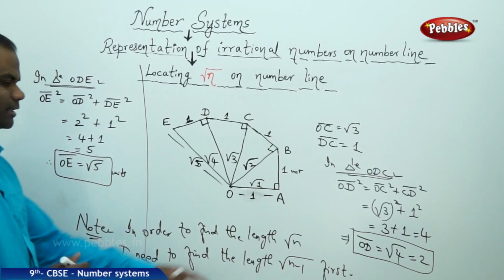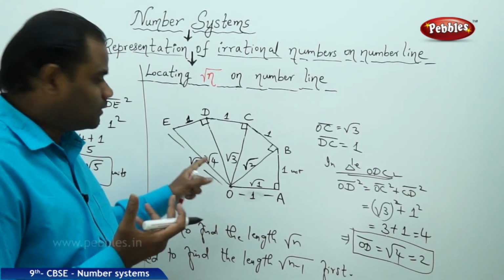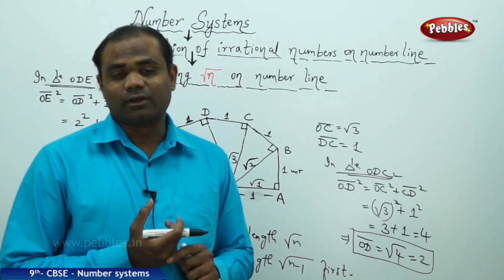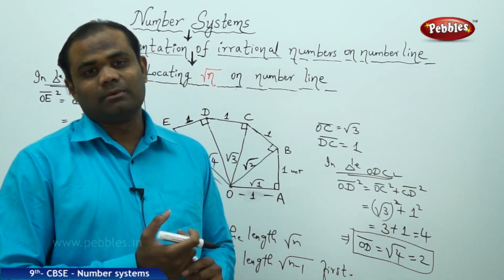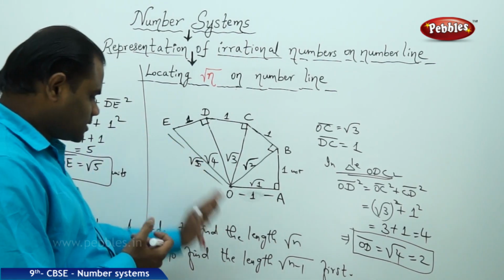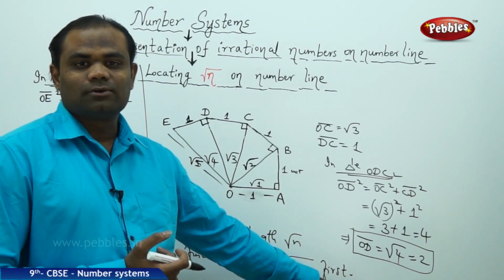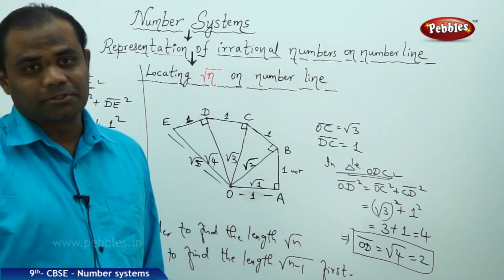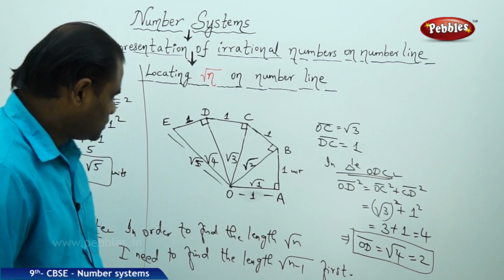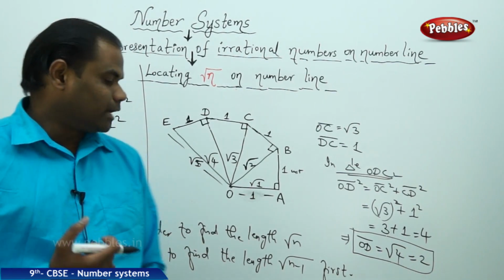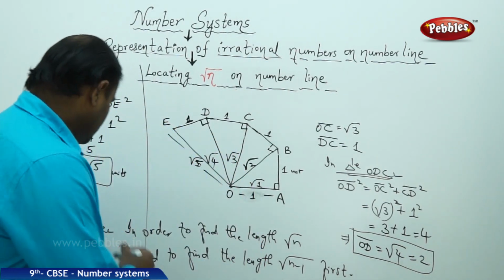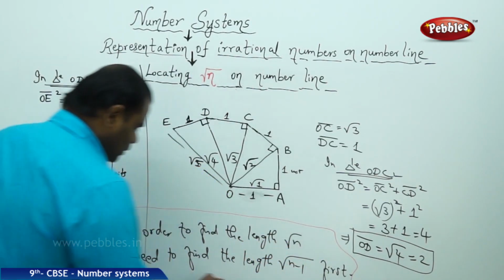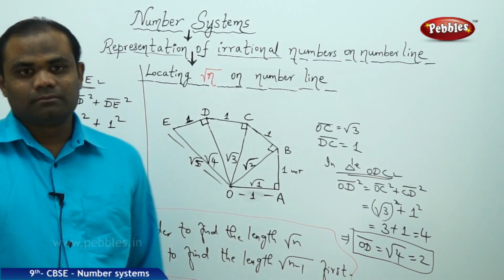So in order that I find the length root 5, I need to first find the length root 4 before I find the length root 5, or locate root 5 on the real number line. So its consecutive or preceding root number should be identified before we locate the next natural number under the root. So in order to find the length root n, I need to find the length root n minus 1 first, is what I make the learning outcome of this session.